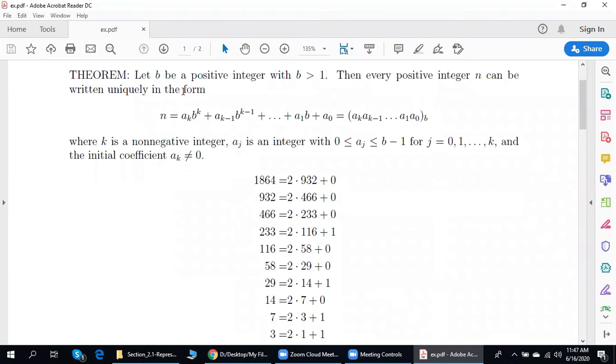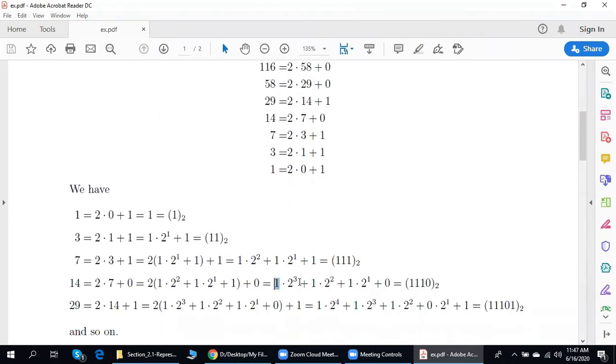And again, according to what is written here, this is equal to 1, 1, 1, 0, which is exactly what is written here, base 2. And again, a short way to come up with this is the following. We read remainders up, 1, 1, 1, 0.